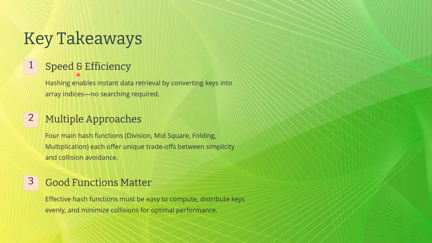It provides speed and efficiency, and we use different hash functions to find the unique hash value. Effective hash functions must be easy to compute, distribute keys evenly, and minimize collisions for optimal performance.